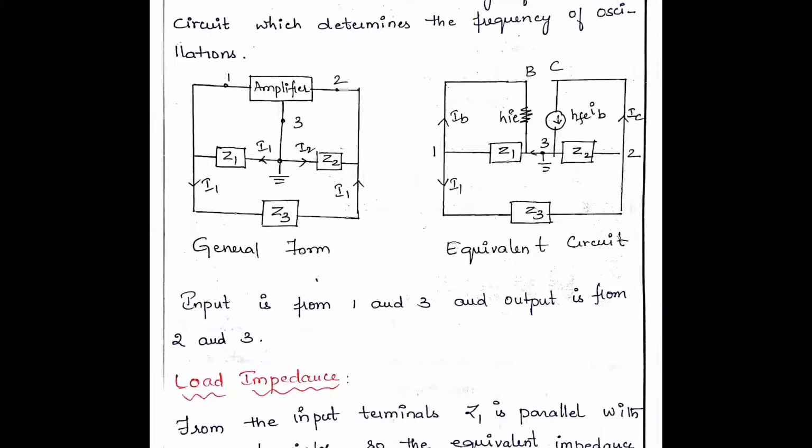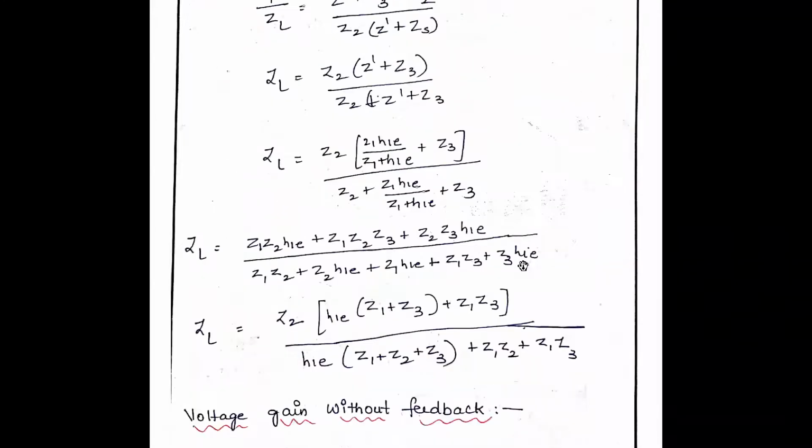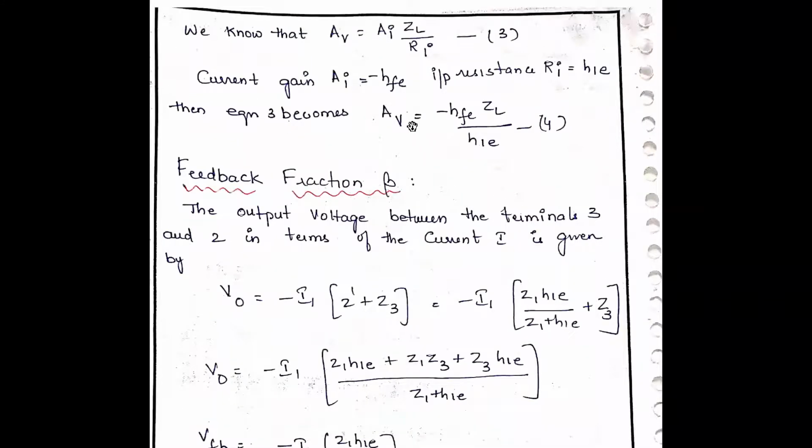Actually, it is minus HFE IB ZL by HIE IB, and the IB in the numerator and the IB in the denominator will cancel.